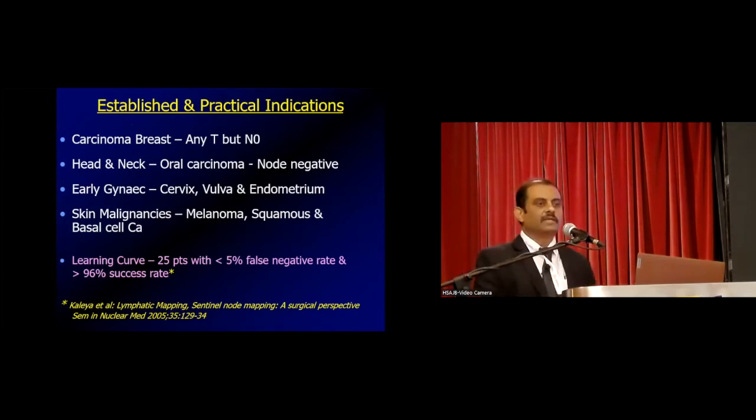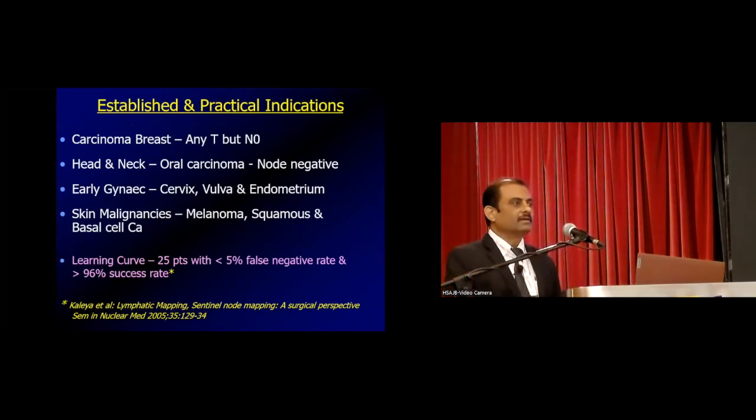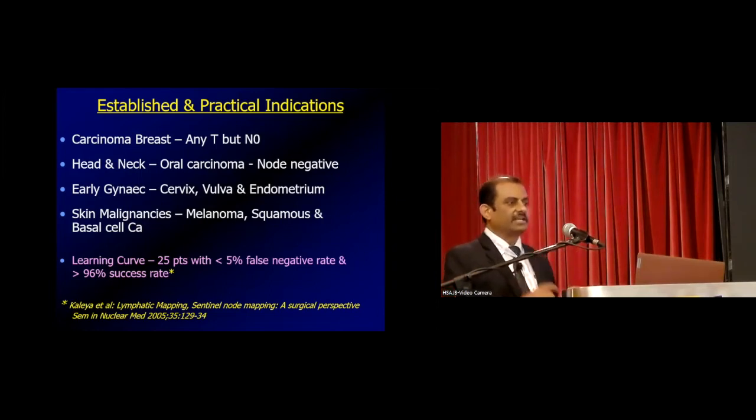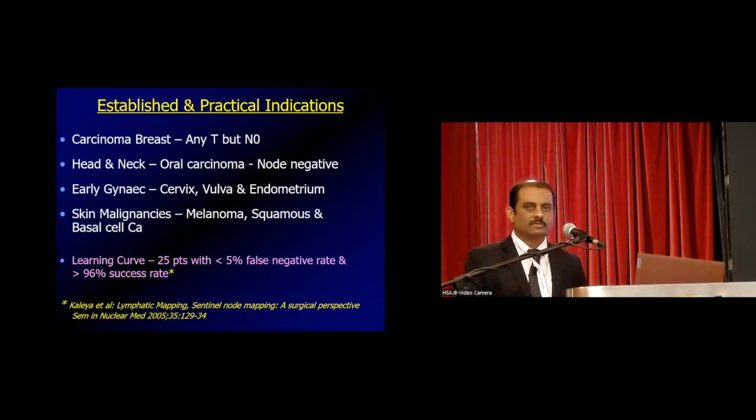So these are some of the established and most practiced indications. Obviously all these indications are early cancers where the lymph nodes clinically or imaging wise are negative. The most common, the most widespread sentinel imaging has been performed for carcinoma breast, T1 to T4, but with clinically negative, imaging wise negative nodes.